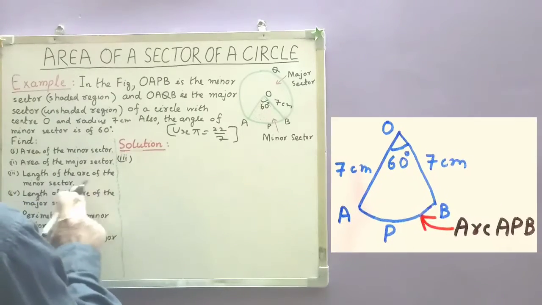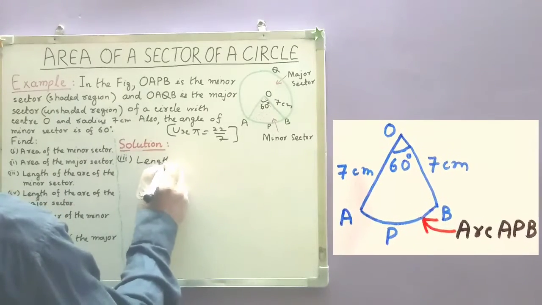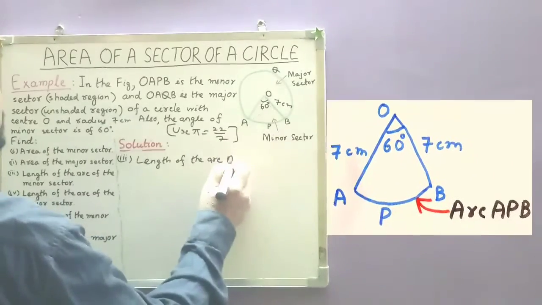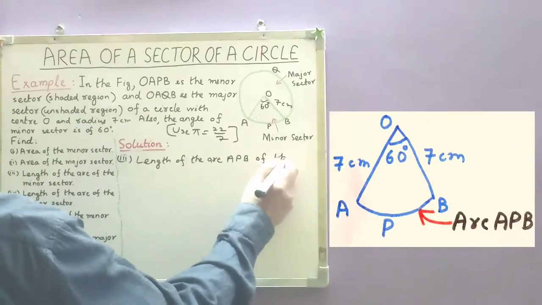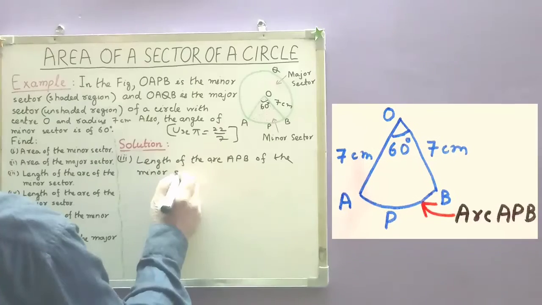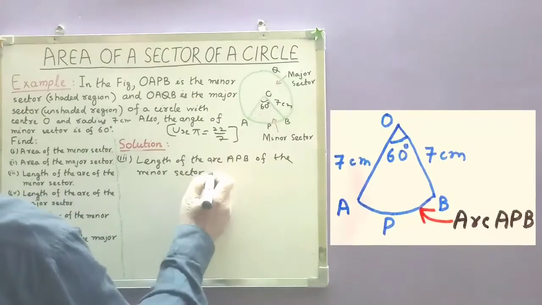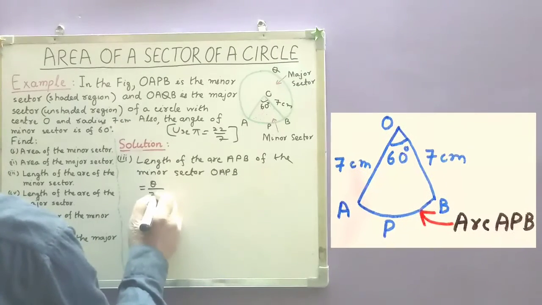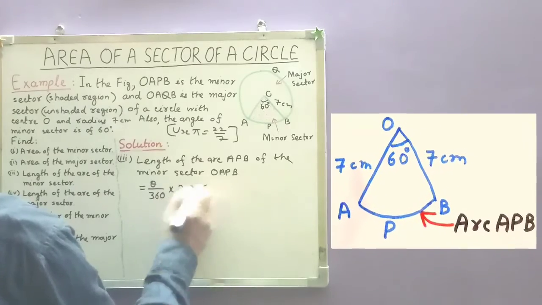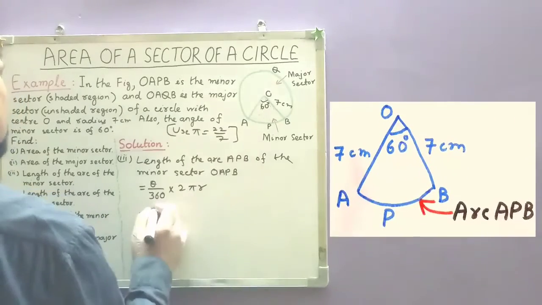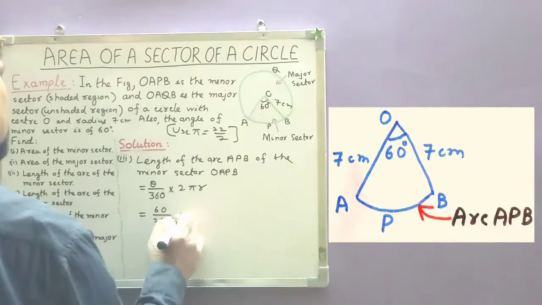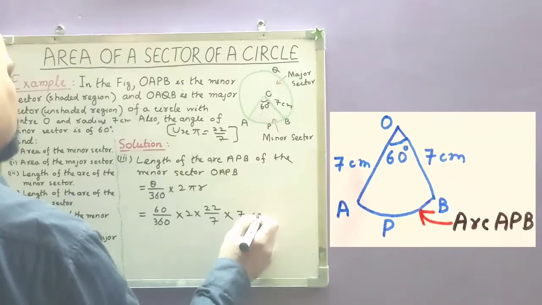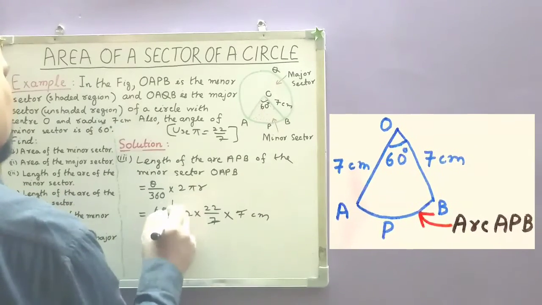Third, length of the arc APB of the minor sector OAPB equals theta by 360 into 2 pi r, that equals 60 upon 360 multiplied by 2 into 22 upon 7 into 7 centimeter.